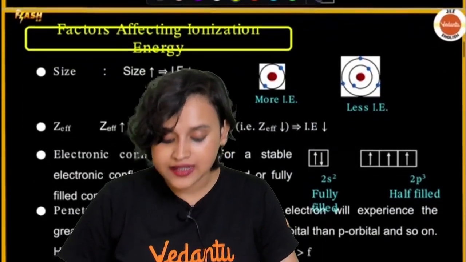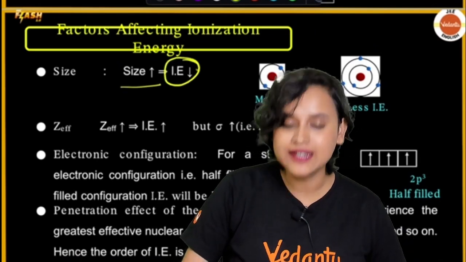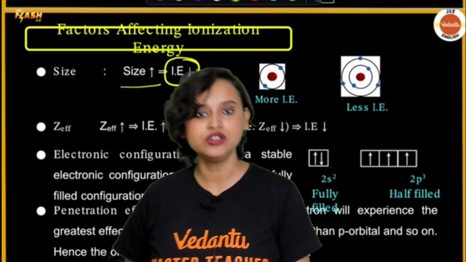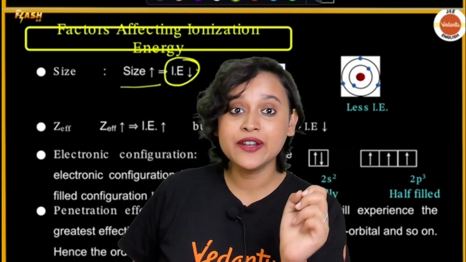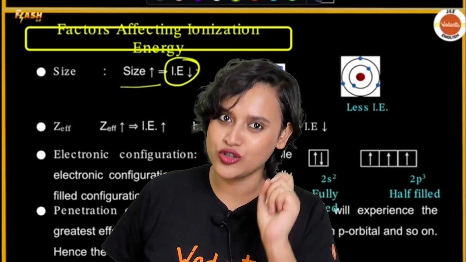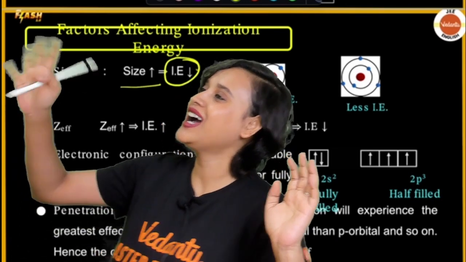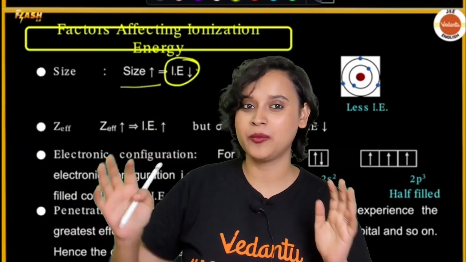Now what we have seen is, as the size increases, ionization energy decreases. Why so? Let's understand this better. Imagine if you have a joint family. If you're living in a joint family, and you want to go shopping, what will you do? Uncle, I'm going for shopping. Auntie, I'm going for shopping.